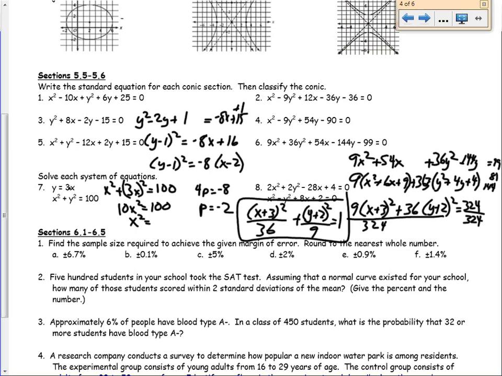X squared equals 10. X is plus or minus square root of 10. So if x is the square root of 10, y is 3 times the square root of 10. So I got square root of 10 and plug a y right there, 3 times the square root of 10. And if I have a negative square root of 10, negative 3 times the square root of 10.